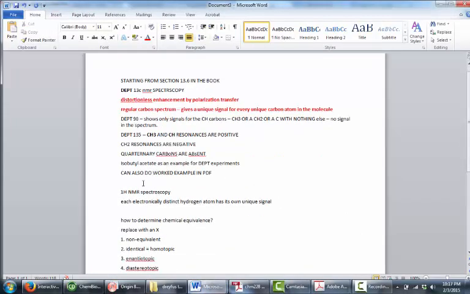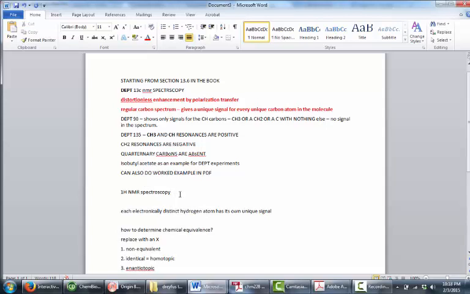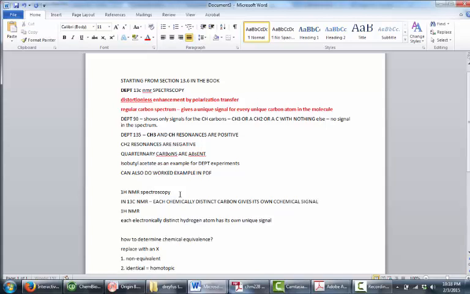We're going to move from here now and start talking about proton NMR spectroscopy. So this is again section 13.8 in the book, and the same basic principles for proton NMR spectroscopy apply. Just like in carbon-13 NMR, where we saw that each chemically distinct carbon gives its own chemical signal, the same thing holds in proton NMR spectroscopy.